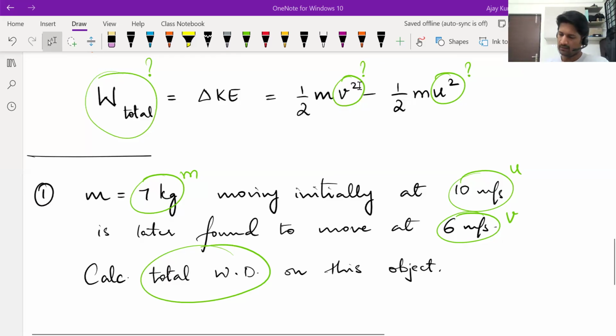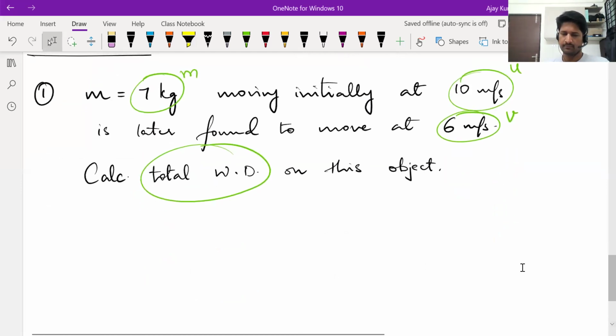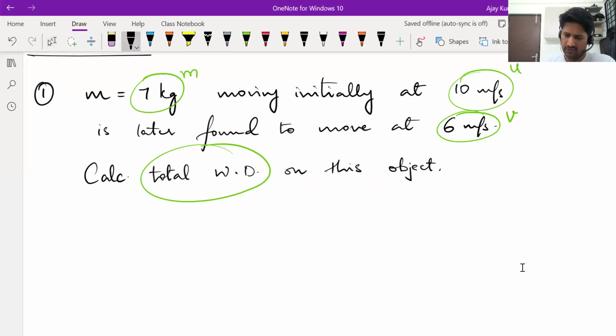Rishi, how did you calculate? Sir, half mv square minus half mu square. Do that directly. Half m is 7. v square is 36.